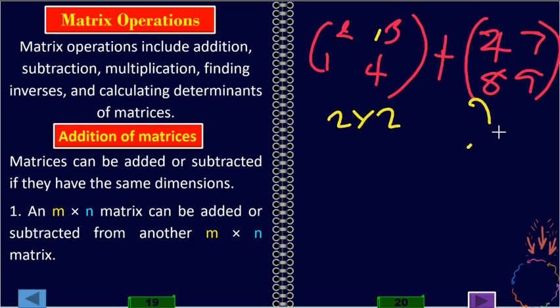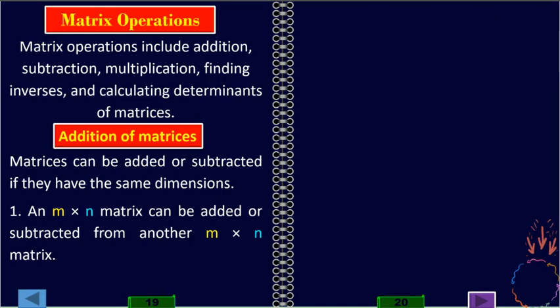This one also is a 2 by 2 matrix. They have the same order, they have the same dimension. So if the first condition is fulfilled, then we can add these two elements in the same position. So that's the second condition. So please take note of that. We cannot just go do anything outside that. So they must be the same dimension, and then elements in the same position must be added.